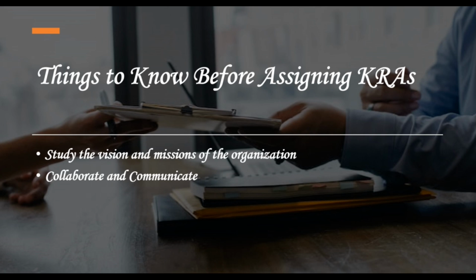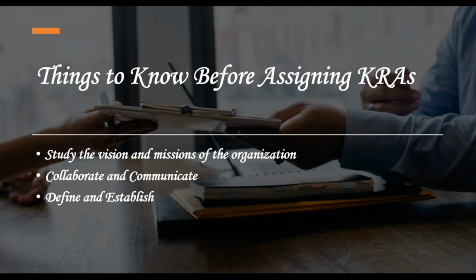Number third, define and establish. Before establishing KRA, the supervisor must have a clear understanding of the purpose of the position, the priority of tasks, and how KRA aligns with the organization's goals. While establishing KRA, a step-by-step method to approach goals must be taken care of so that employees can effortlessly accomplish their goals without any confusion.